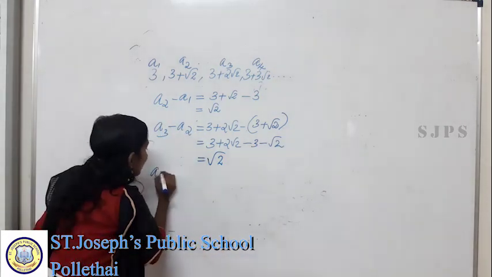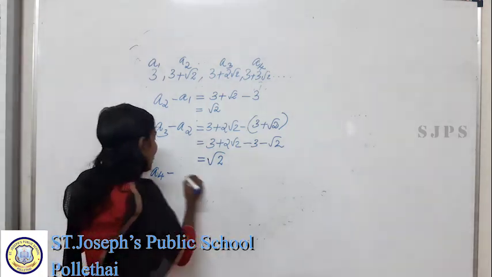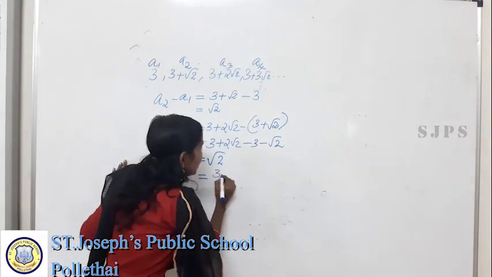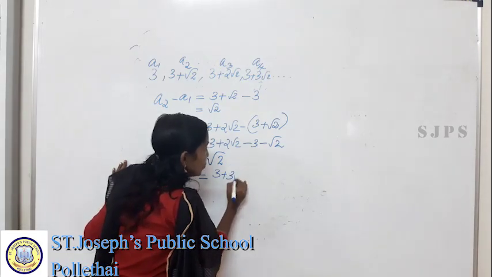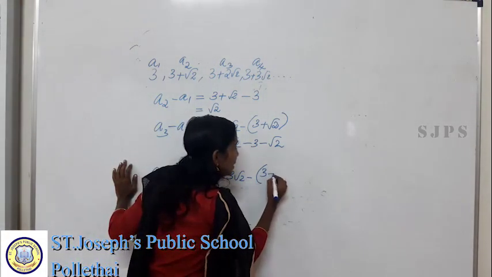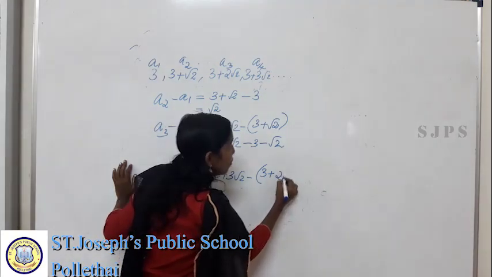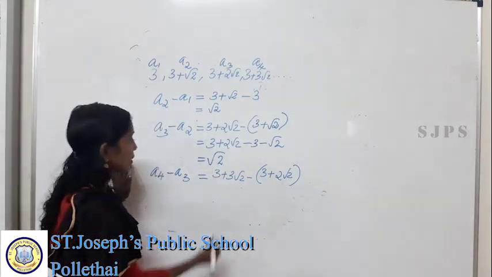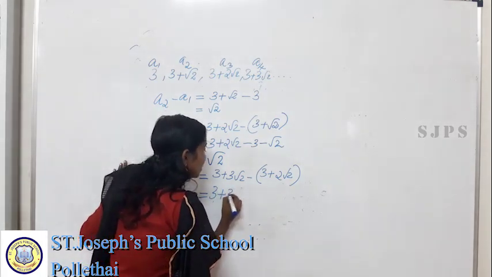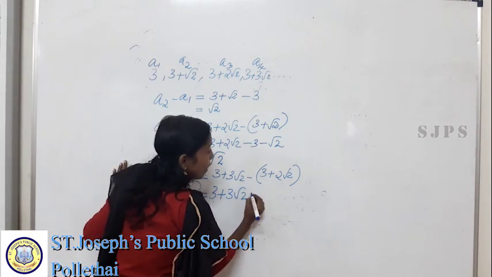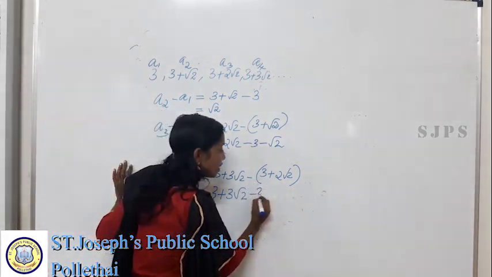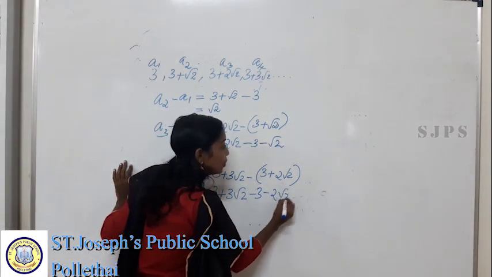Then A4 minus A3 is equal to 3 plus 3 root 2 minus, put the bracket, then 3 plus 2 root 2. That's equal to 3 plus 3 root 2 minus 3 minus 2 root 2, changing the signs.